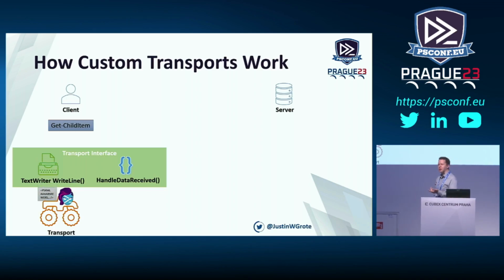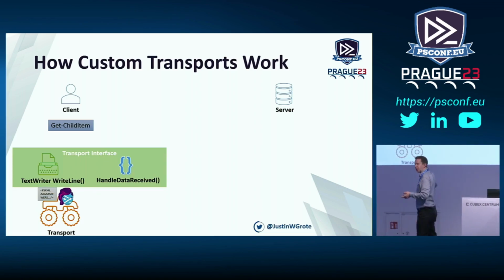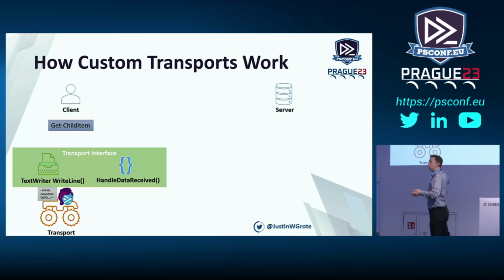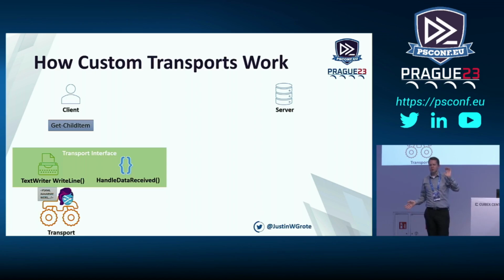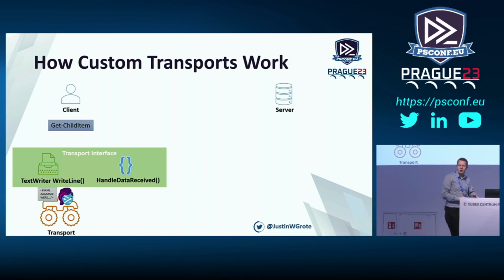So now that your transport gets that message, from this point on, from the PowerShell perspective, whatever you do, it doesn't care. You can just simply return the message back. You could make a fake, but whatever you implement at this point is whatever you want to do. So however you want to transport this from the client to the server, it's up to you. That's the key point here. We get bogged down in all these details, but in the end, it's just an interface.